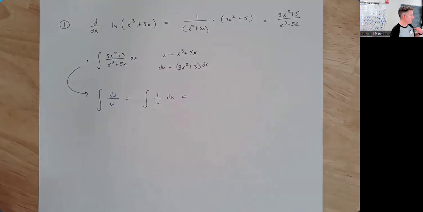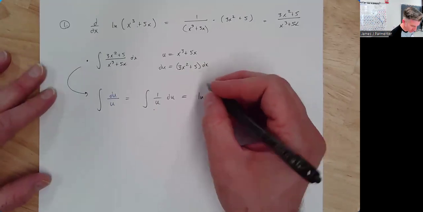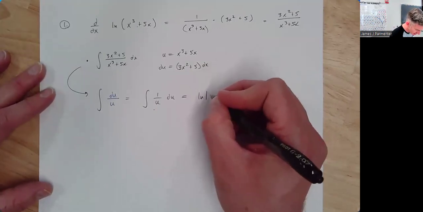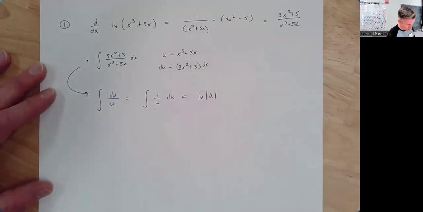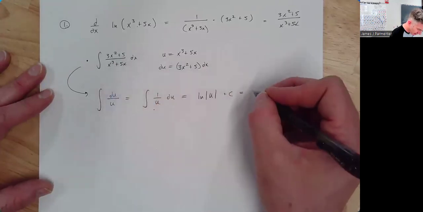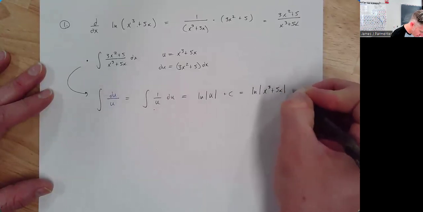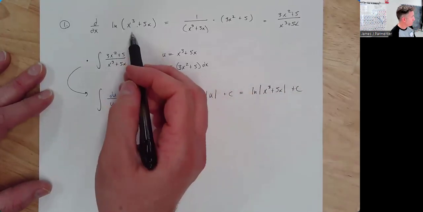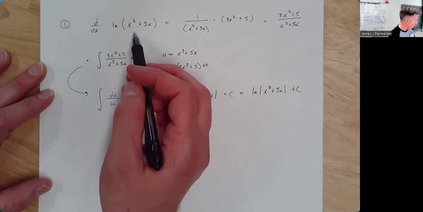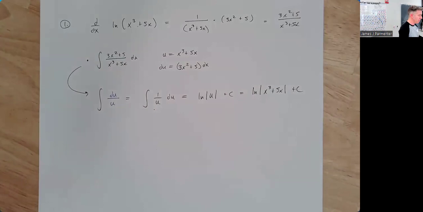The natural log, and yes, we do need an absolute value here for domain reasons. So it's the natural log of the absolute value of u plus c. Then we plug back in what u is equal to, and we get the natural log of x cubed plus 5x plus c. Essentially, the same function we started with. There's a slight difference because of the absolute value, but it's not really that noteworthy.